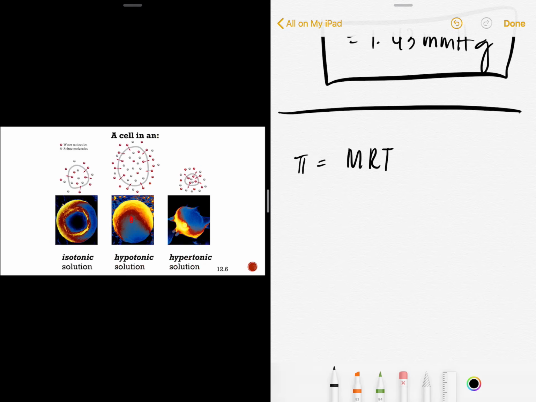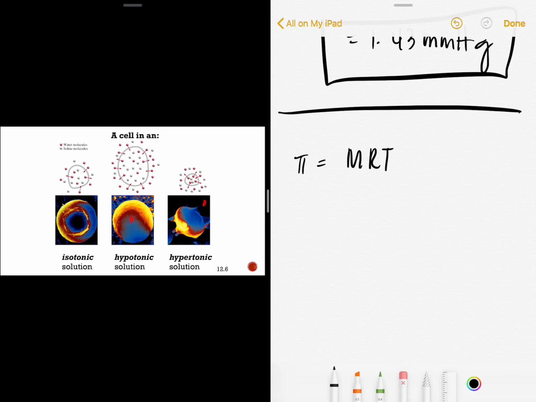That is why your solvent molecules will enter the cell, and when it enters the cell, sometimes it swells. It will eventually burst. When the solution is hypertonic, the concentration outside the cell is higher than inside the cell.